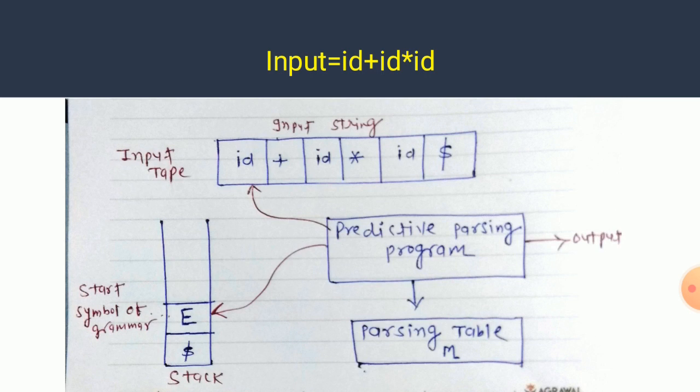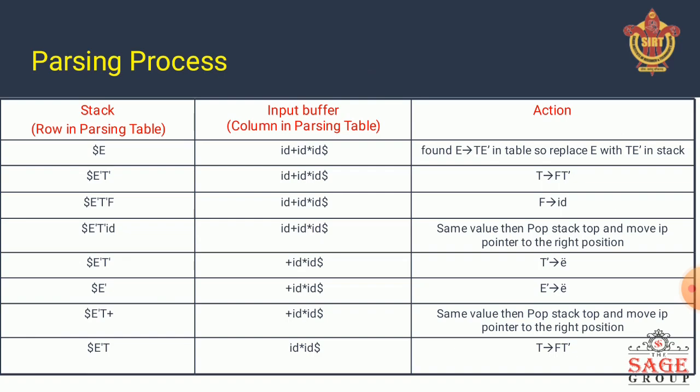Now we use this table. We create a table in which we explain our whole parsing procedure, with three columns: the value of the stack, the value of the input tape or input buffer, and what action we have to perform at a particular position.